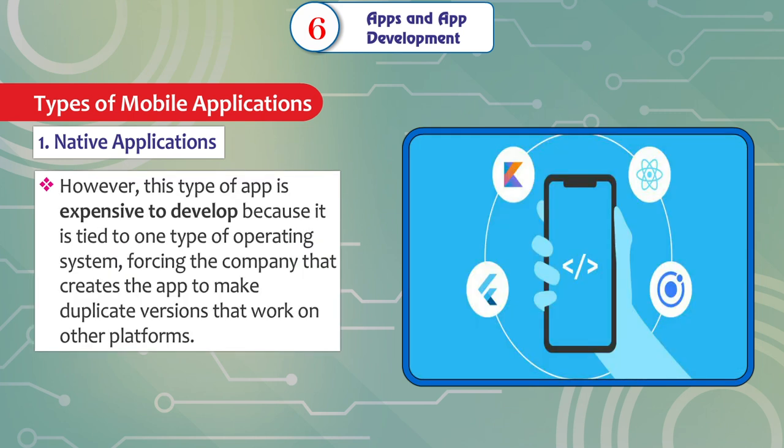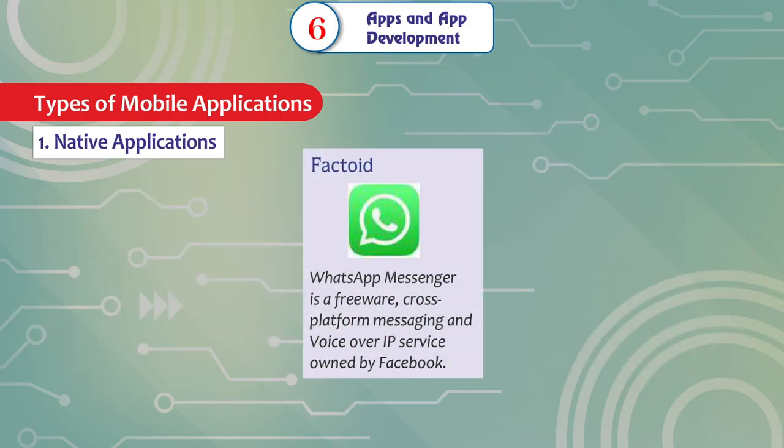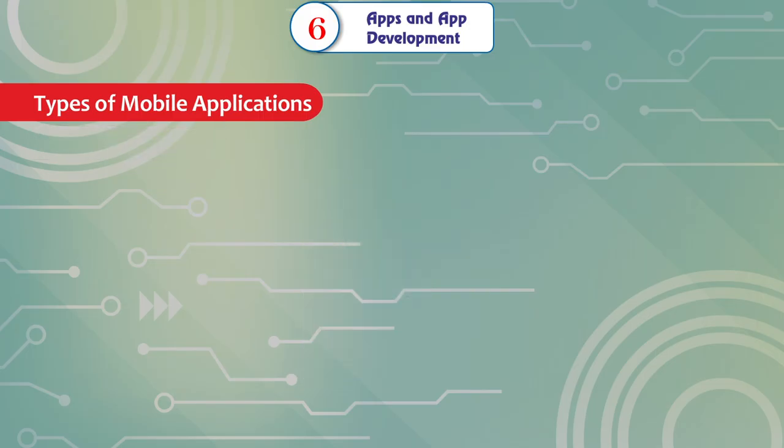However, this type of app is expensive to develop because it is tied to one type of operating system, forcing the company that creates the app to make duplicate versions that work on other platforms. Factoid: WhatsApp Messenger is a freeware, cross-platform messaging and voice-over IP service owned by Facebook.